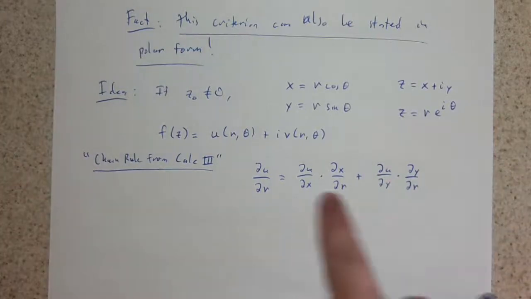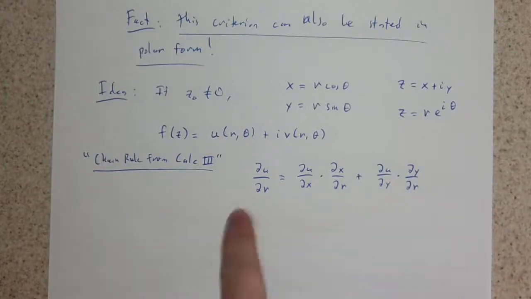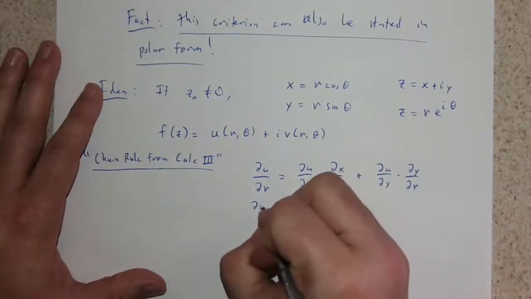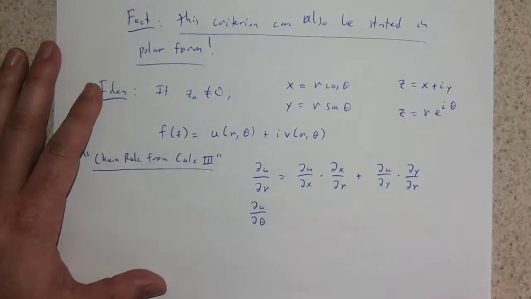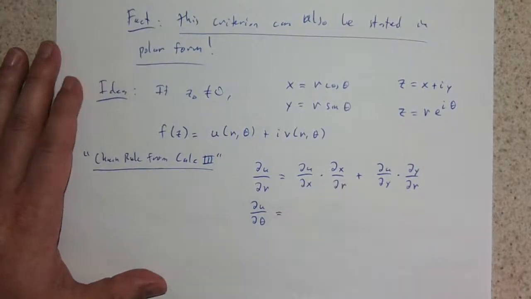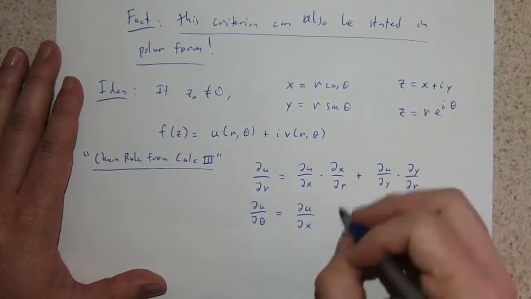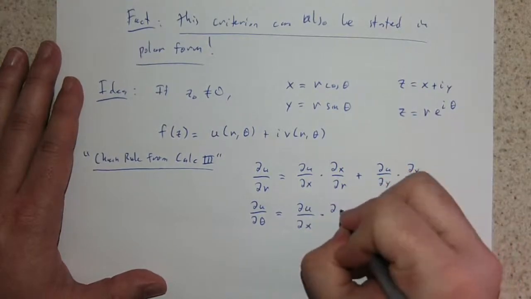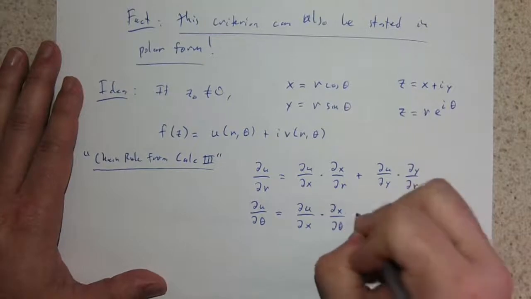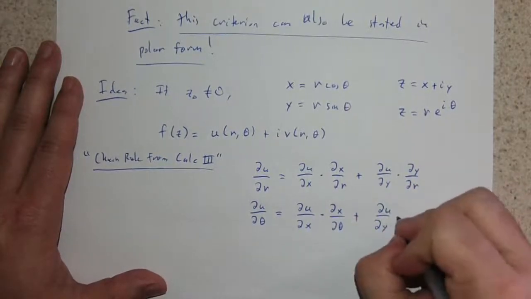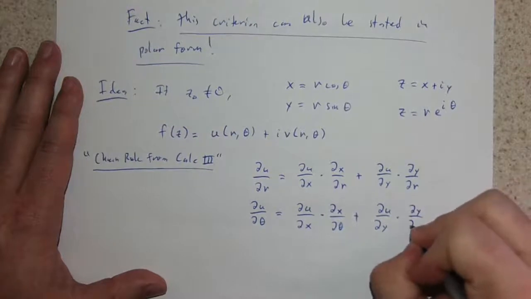It's exhaustive because only x and y is all I need to describe u. And then the same is true for its derivative with respect to theta. So this is the x partial of u times the theta partial of x plus the y partial of u times the theta partial of y.